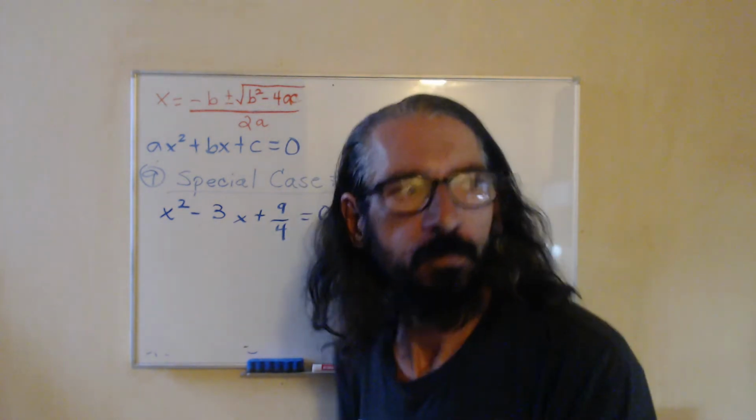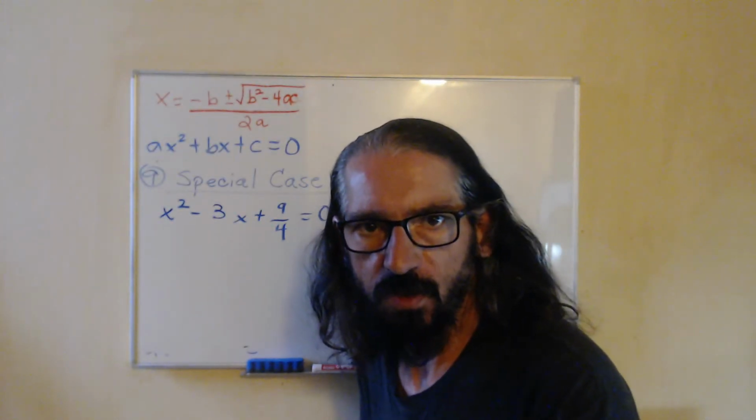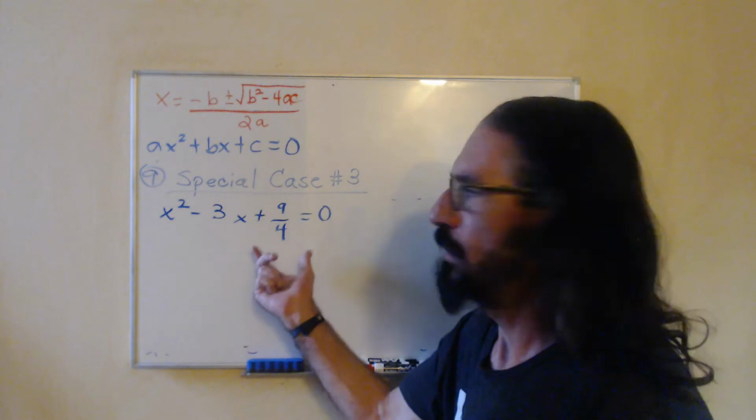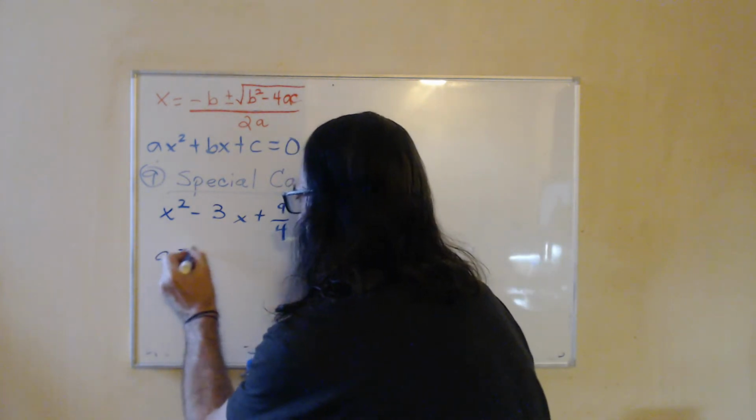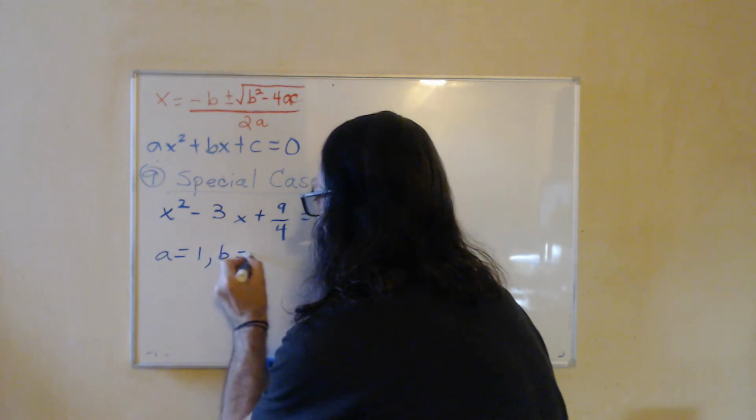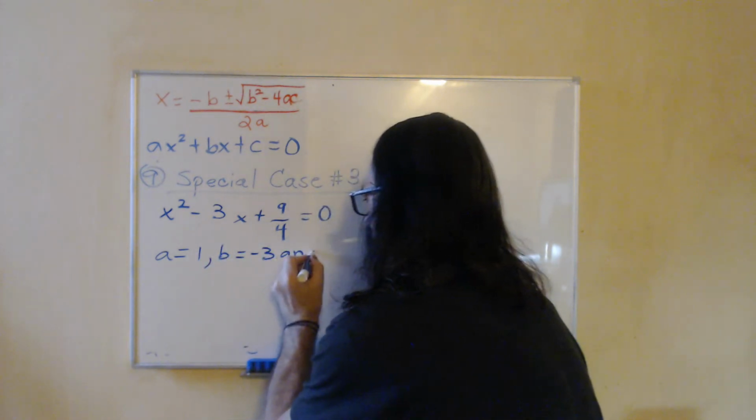In one way, this is a special case because we have a fraction as one of the coefficients. A is equal to 1, B is equal to -3, and C is equal to 9/4.